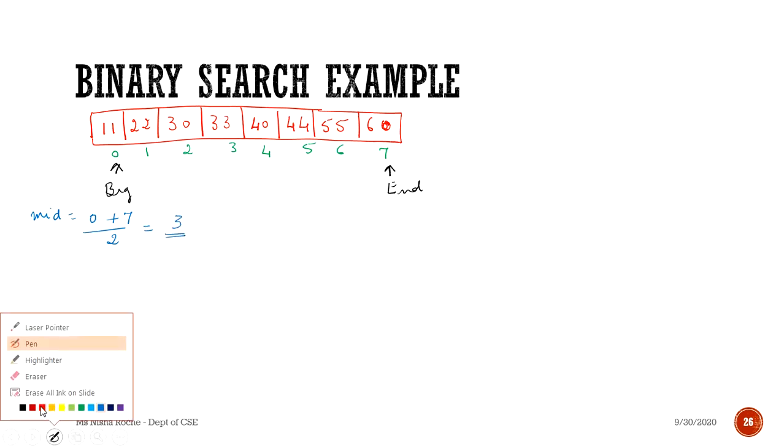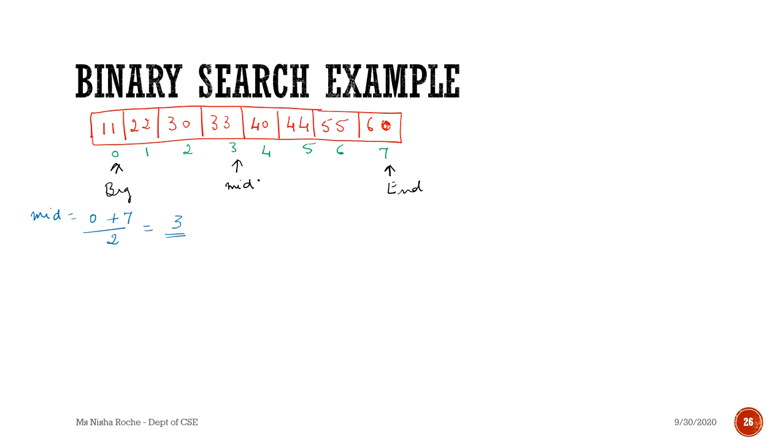So middle element is found at the index position 3. Okay, what is the search element? Let the search element be 55. So key to be searched is 55. Now once we have found the mid element, what is there in A of mid? A of mid is nothing but 33.